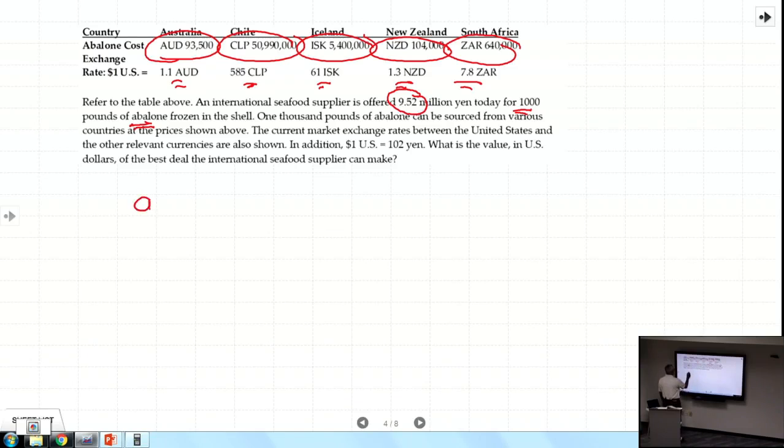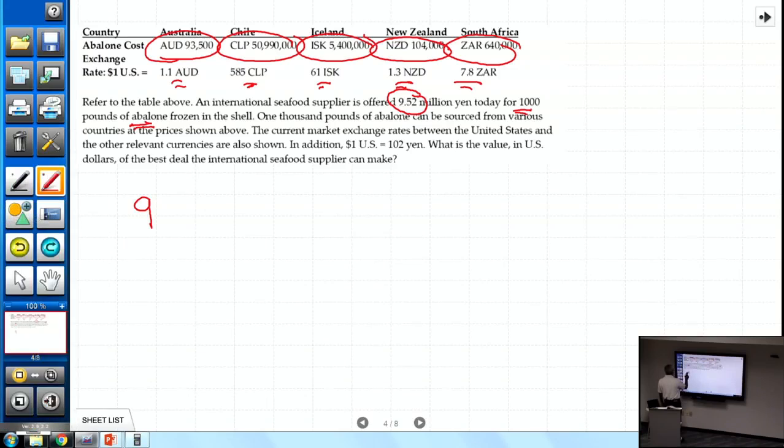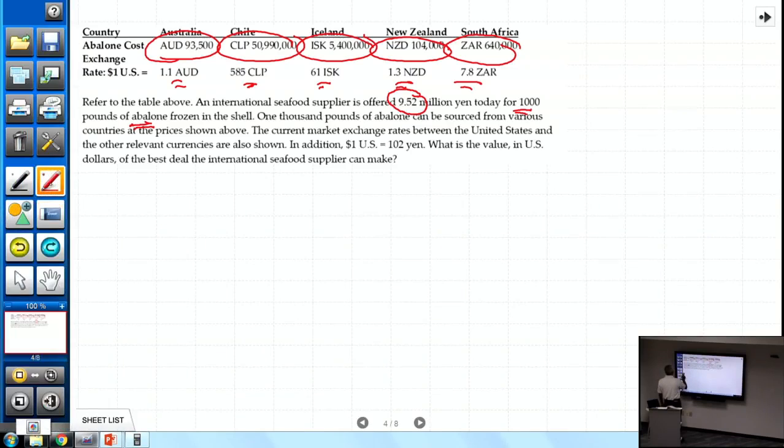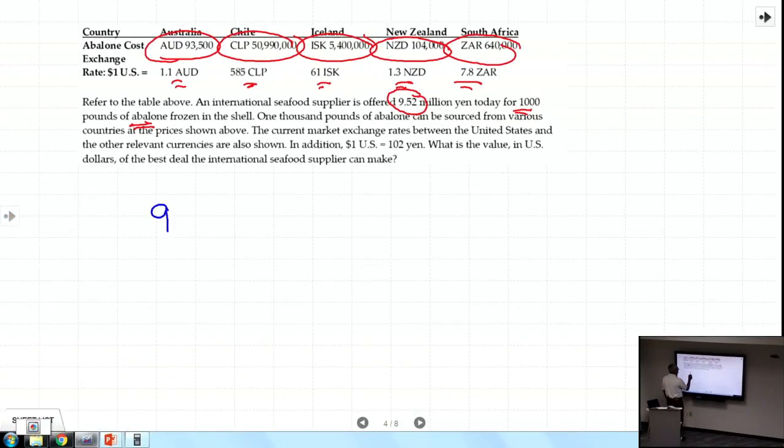So we have 952,000 yen. So that's our yen, and I want to convert that into US dollar.